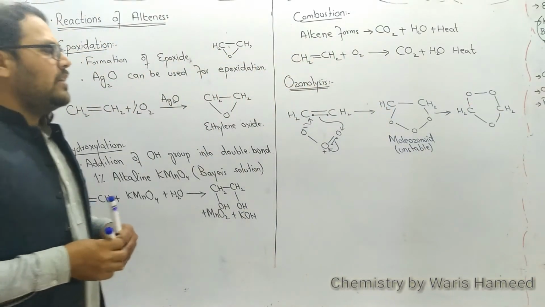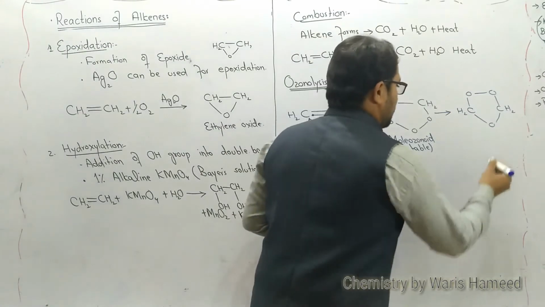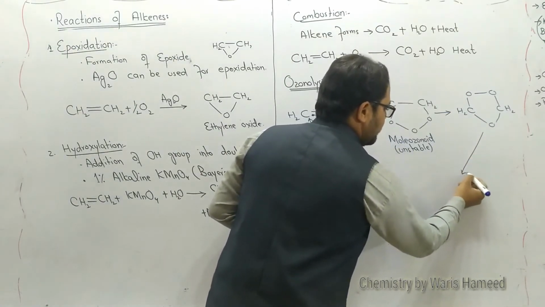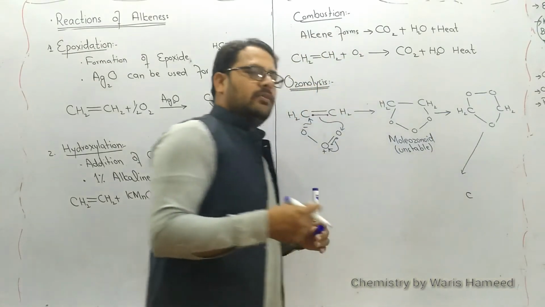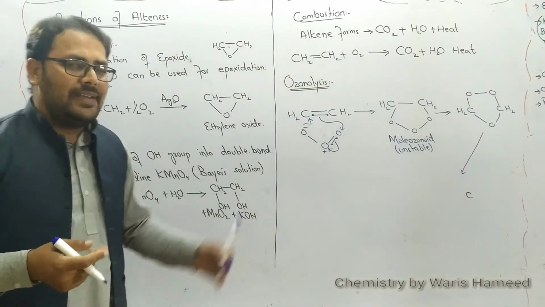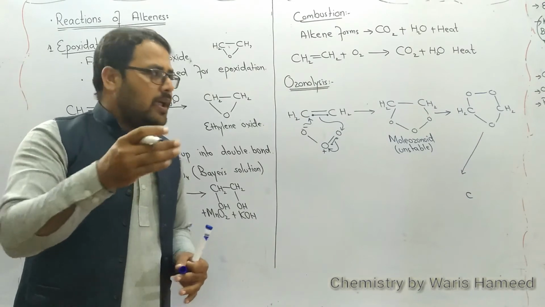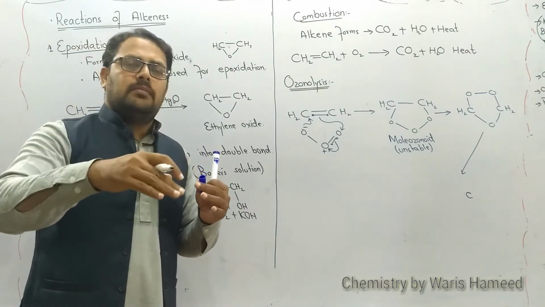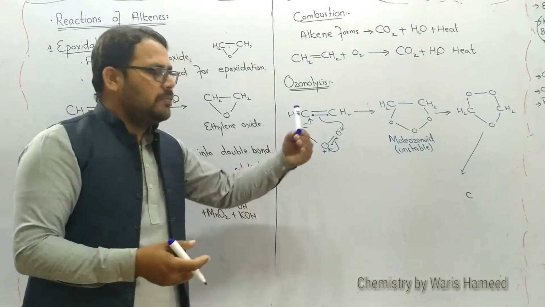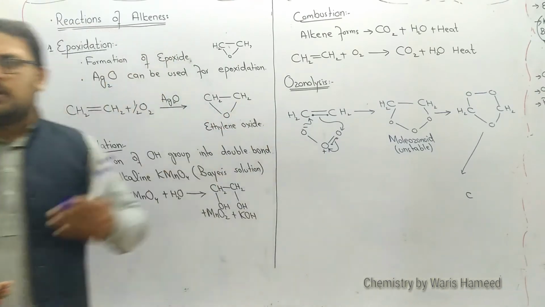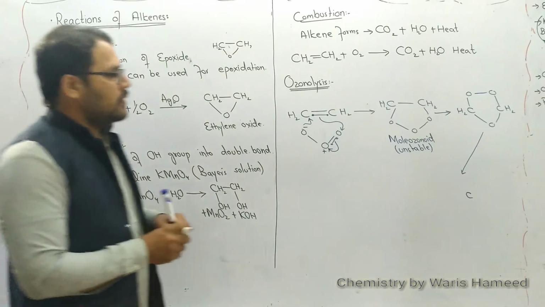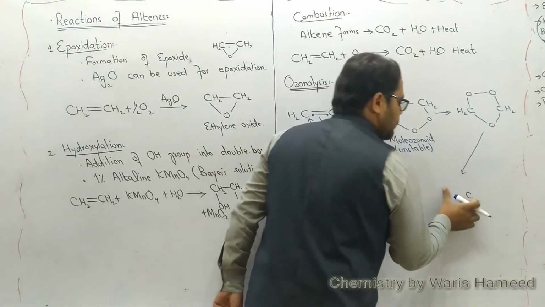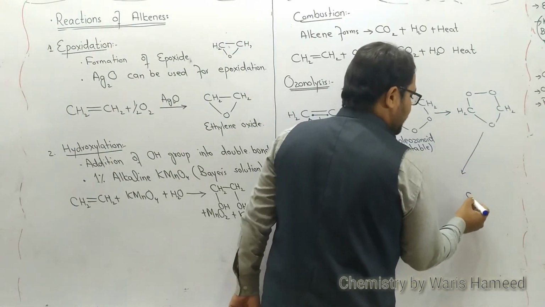Later, this ozonide will convert into carboxylic acid. Firstly, it will convert into aldehyde or ketone, and then after more oxidation will be into carboxylic acid. It will form aldehyde.